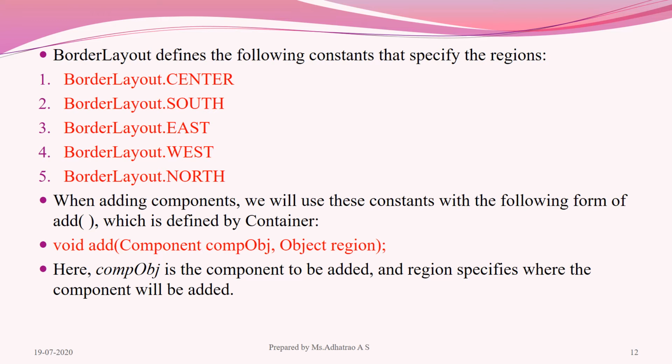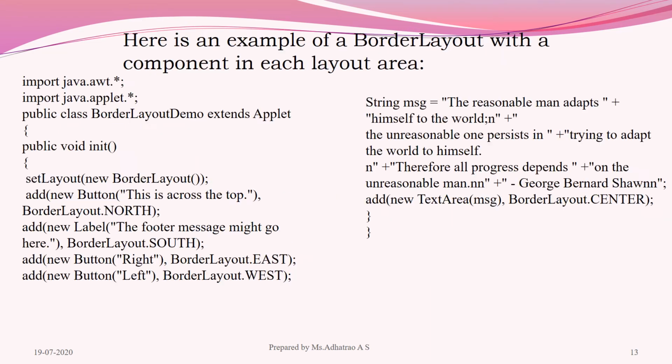So while adding a component according to the border layout, we must pass the component object and specify one of the constants of the border layout so that the component is added to the specified region.